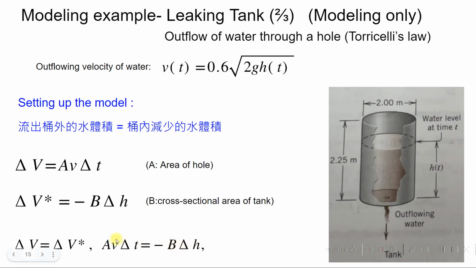And we also notice that there is velocity v, and by Torricelli's law, we can get the term h of t into this expression. So this seems very promising to get what we want.